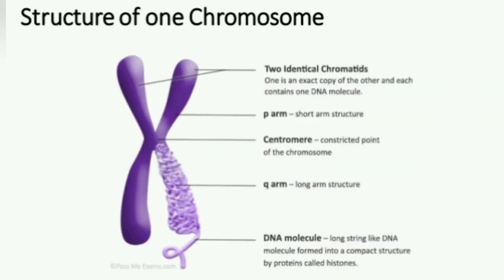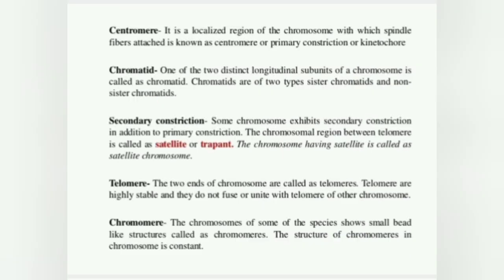Structure of chromosome. There is a centromere. It is the region of the chromosome with which spindle fibers attach, known as the centromere or primary constriction or kinetochore. You can see in the picture.